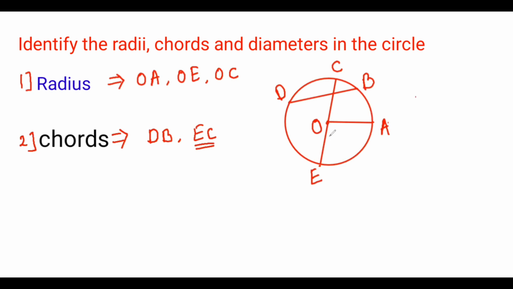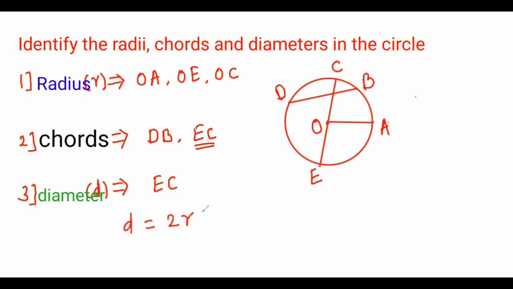This is the largest chord, and the largest chord is also called, the last concept, a diameter. So EC or CE is the diameter. Look at here. A diameter is made from two radii, and we denote it with the letter D. Diameter for D, radius for R. So I'm going to write here radius for R. One diameter is equal to 2 radius, 2 into radius.